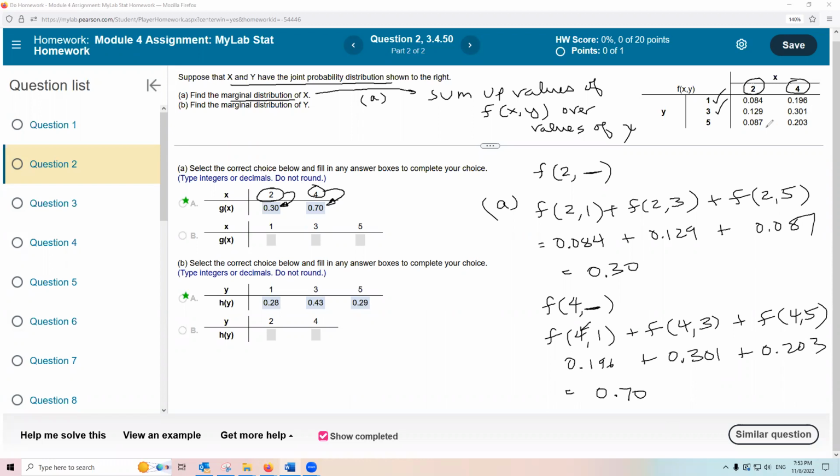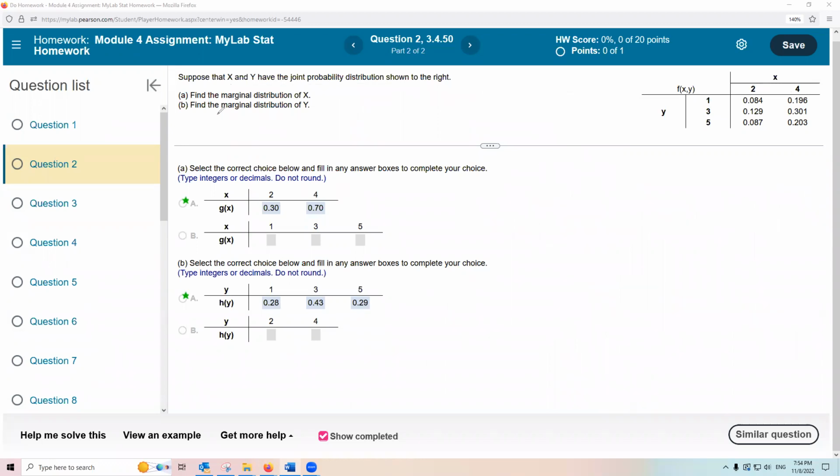All right, so the key to this is we summed up the values of the probability distribution function over the values of x for part A. Let's go to part B. Part B says, find the marginal distribution for y. Well, for that, we're going to sum up the values of this joint function over the values of y now.